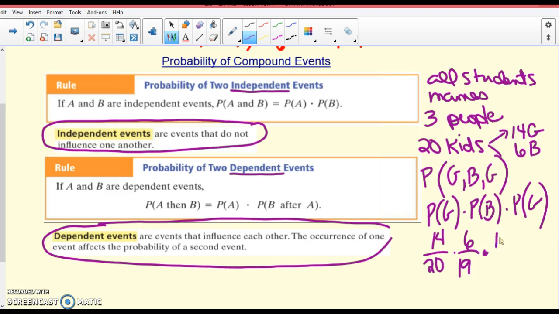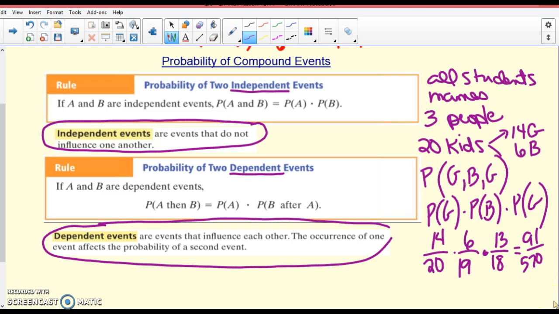There are 13 girls left out of 18 kids in the hat. Now, I'm not going to stand here and do this mathematically because I really don't care that much. So I'm just going to use the calculator. And I get 91 out of 570.